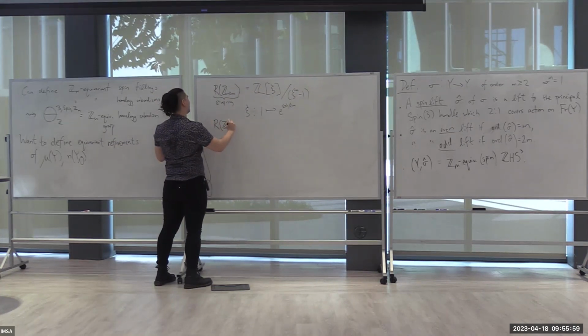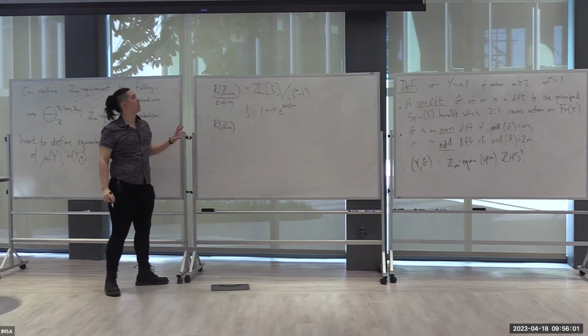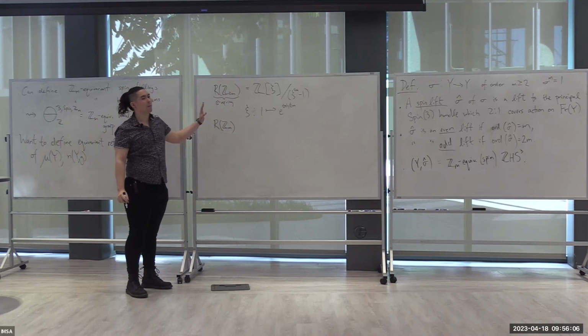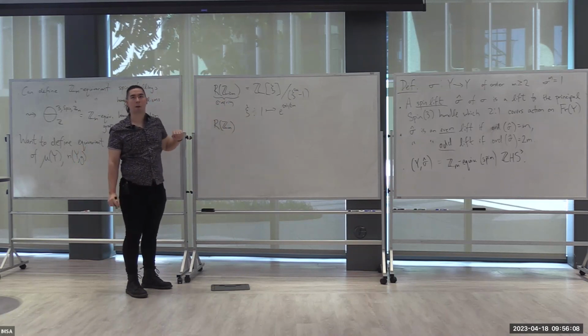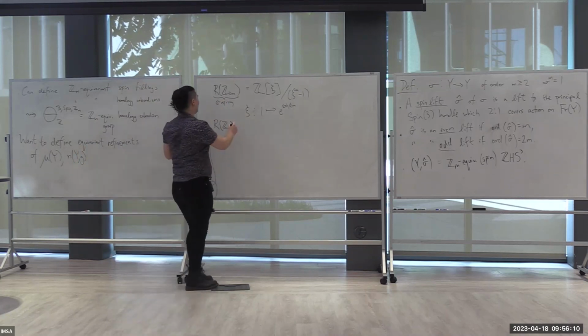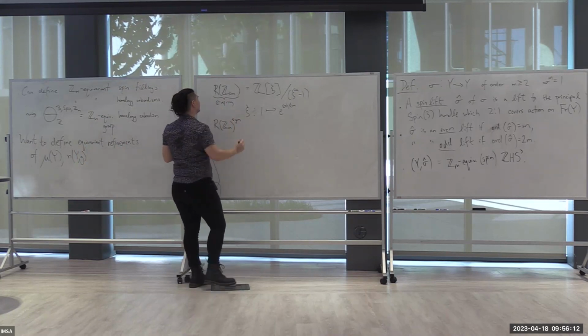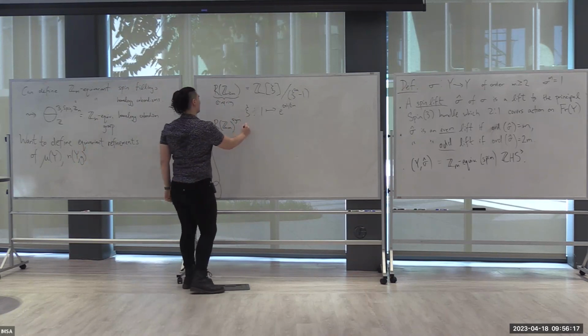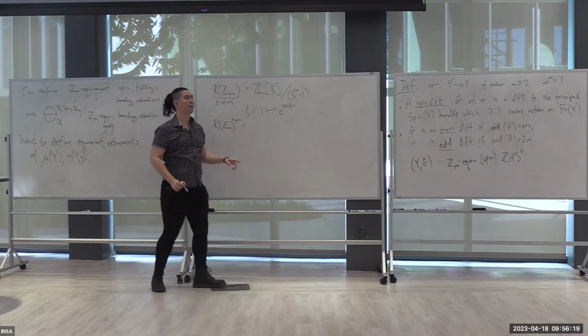So this is a ring with addition given by direct sum, multiplication given by tensor product. We won't care too much about the multiplication structure of this guy. I'm also going to define a certain additive subgroup of this, the so-called symmetric representations.